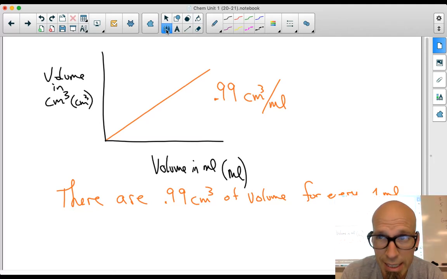That's what the sentence says. That's what the slope says to us. There are 0.99 centimeters cubed of volume for every 1 milliliter of volume.